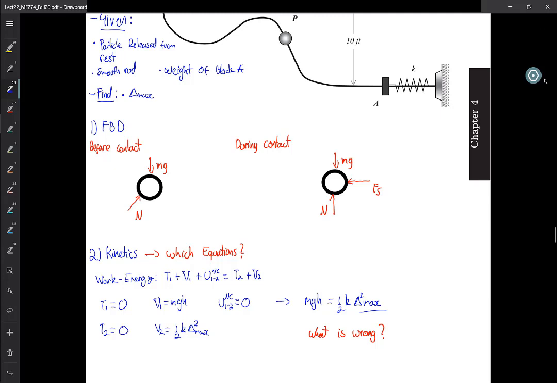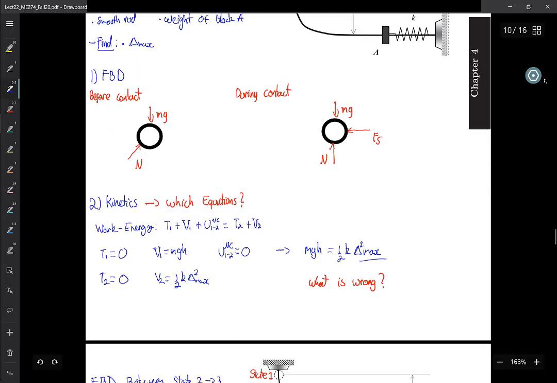Work energy is good, but it's not as general. It's not a difficult problem, but if you don't understand what a collision entails, when energy is conserved and why, and you only did problems, you look at this problem and think it's a work energy problem, but it's not. This is not correct.